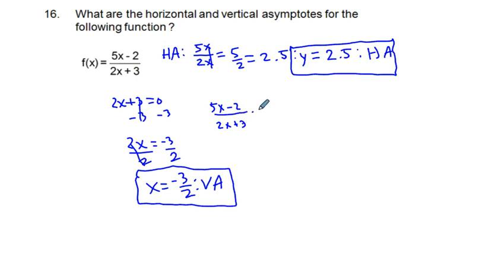So if we multiply by 0.5 over 0.5, we would have 2.5x minus 1 over x, and 3 times 0.5 is going to be 1.5.